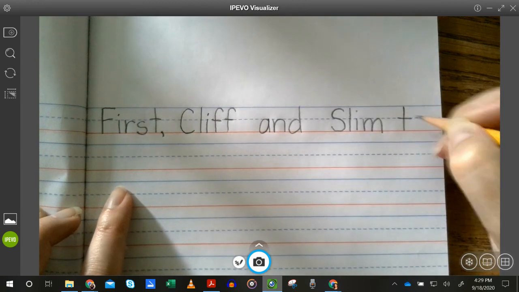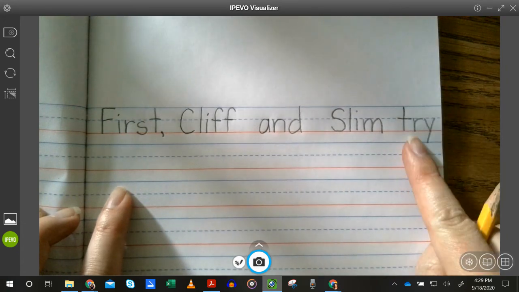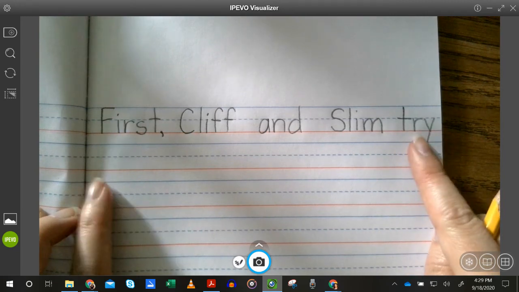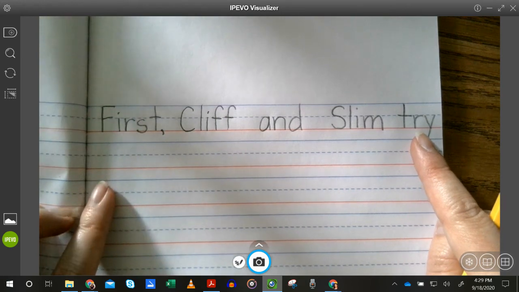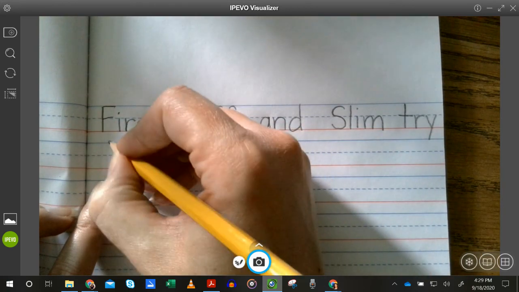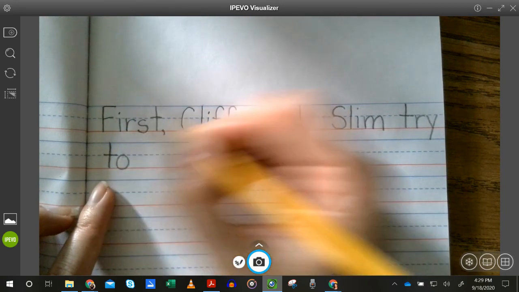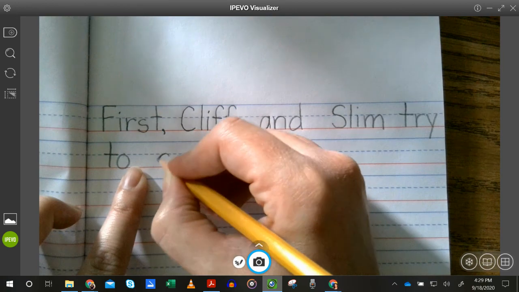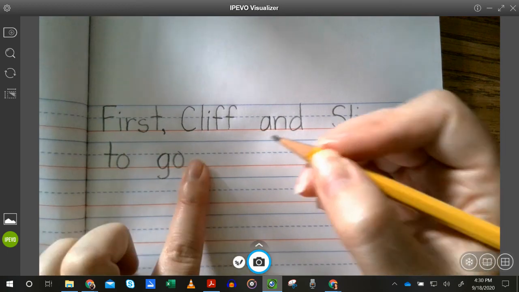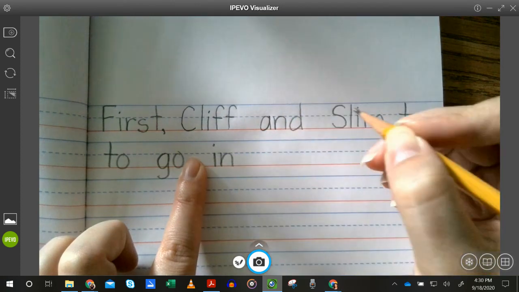I still have room here, so I'm going to use my space. If you're out, you go to the next line. We don't ever split a word apart on the line though. So if I start a word and run out of space, then I need to erase it and start again on a new line. First, Cliff and Slim try to, T, O, that's a sight word we should know, go, which is another sight word we should know, G, O, in, another sight word we know, in, the space, the.